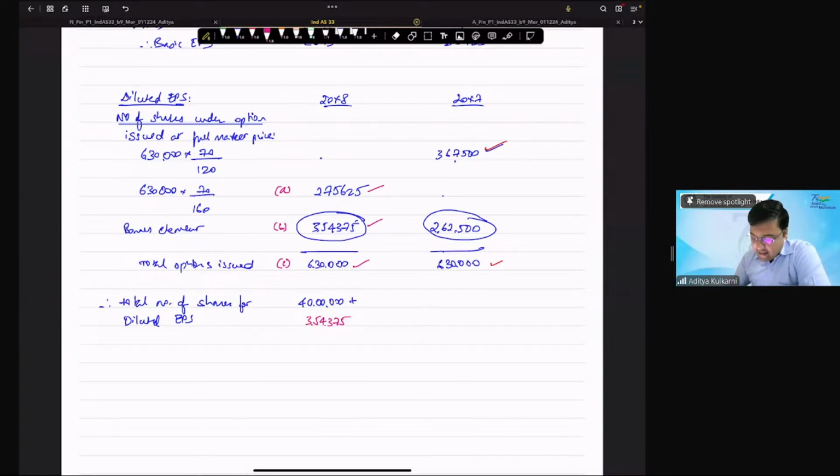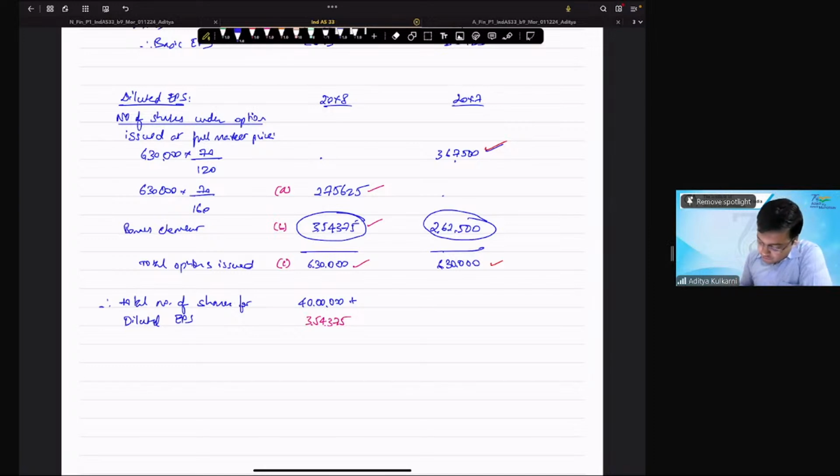2,75,000 is the market value of those options. So at the market value, how many shares will you get? This is as if it is a fresh issue of 2,75,000 shares. So there is no problem. The issue arises because you are issuing 6,30,000 shares against which your consideration is worth only 2,75,000. So 3,54,000 today is a potential number of shares which can come into your capital structure.